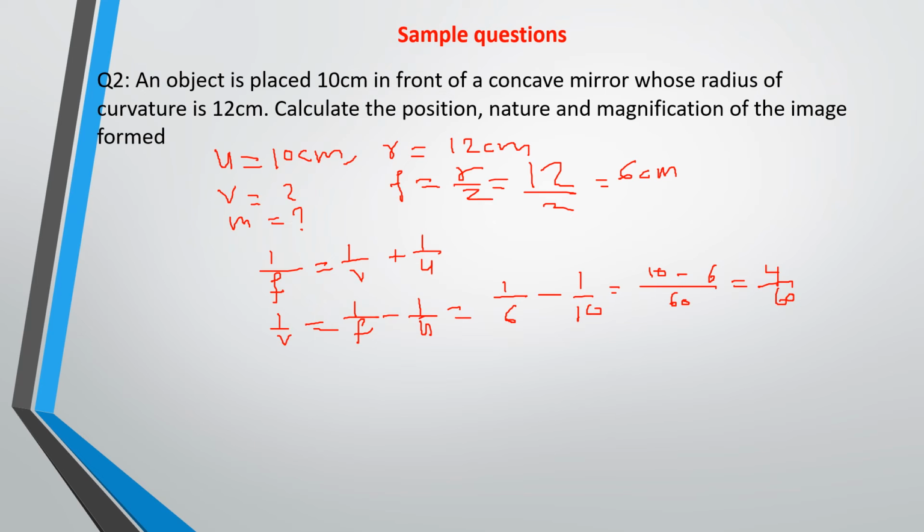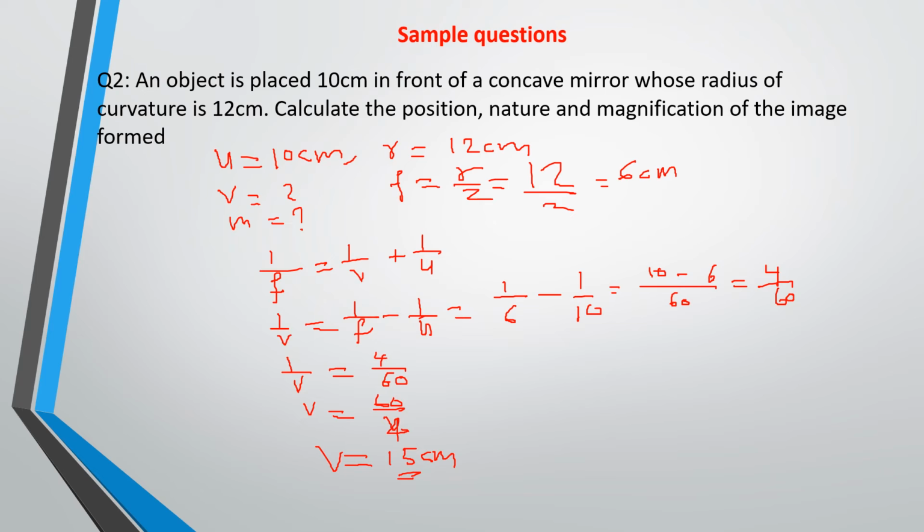So 1 over v is equal to 4 over 60. v is equal to 60 over 4. By the time you work that out, you have that v is equal to 15 centimeters.